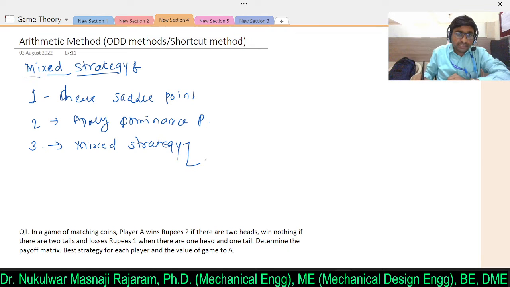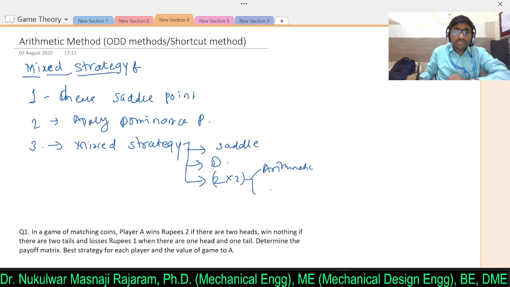So in this mixed strategy we will check the saddle point, next we will apply the principle of dominance, and then we will solve the 2 by 2 matrix by two different methods. First we will see the arithmetic method and second one is the algebraic method.